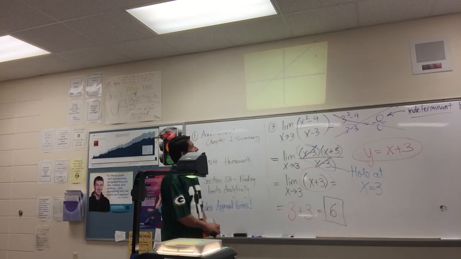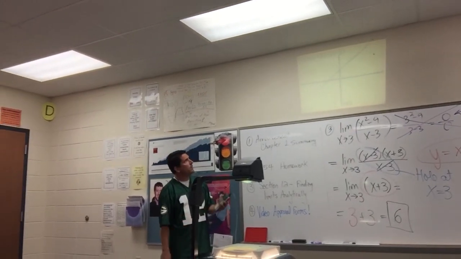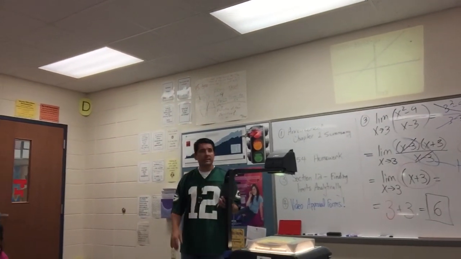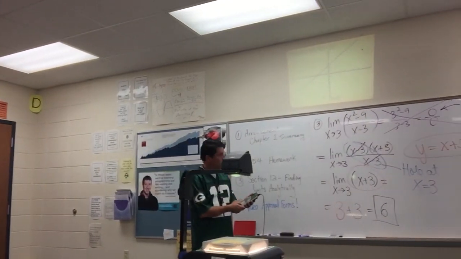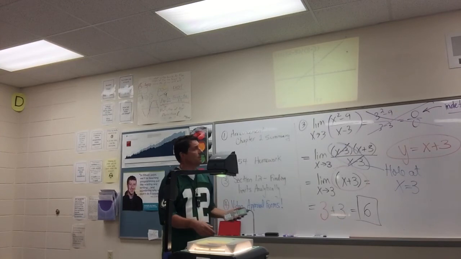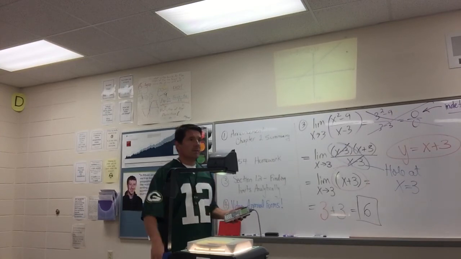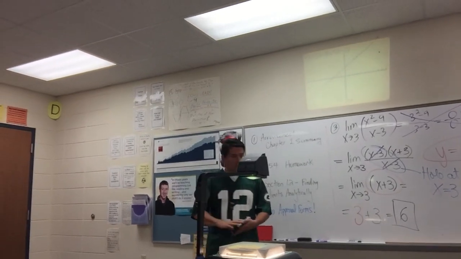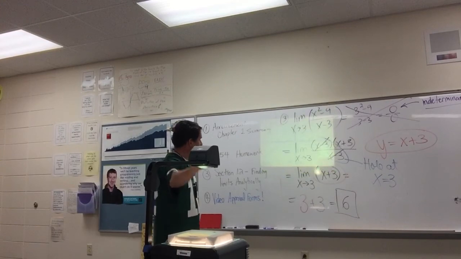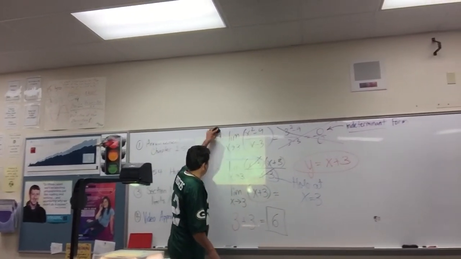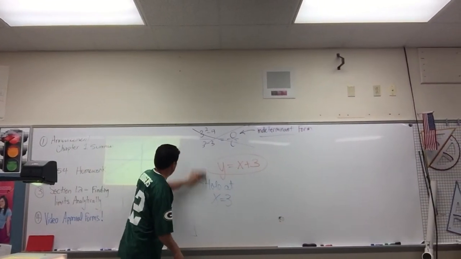So, look at this. Hit the trace button. Of course we can trace along this line, but plug in 3 and tell me what the y value is. There is none. Because what's really going on here is this is a graph of y equals x plus 3, but there's a hole at x equals 3.